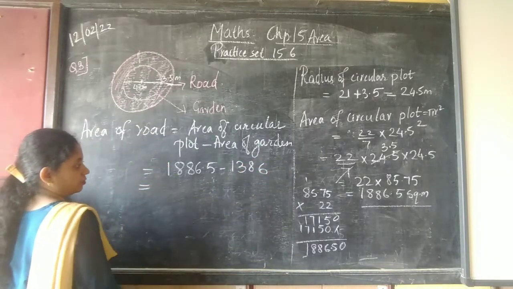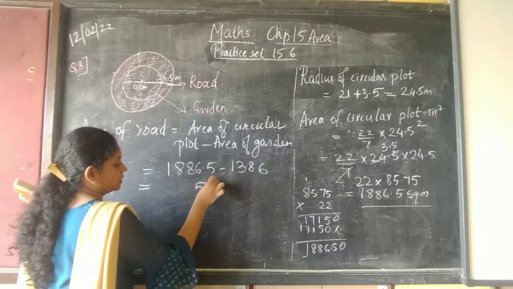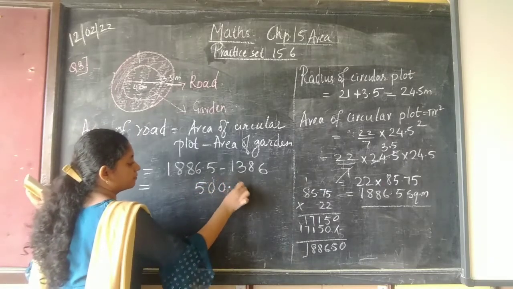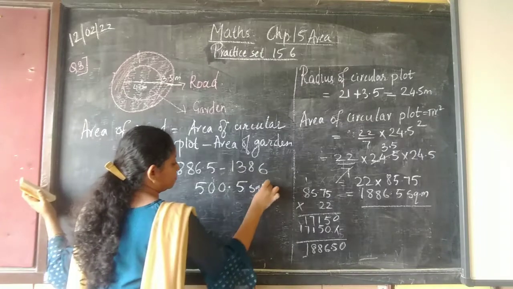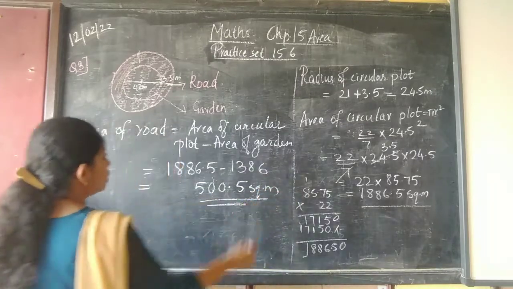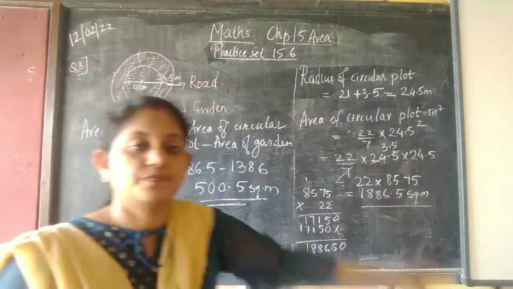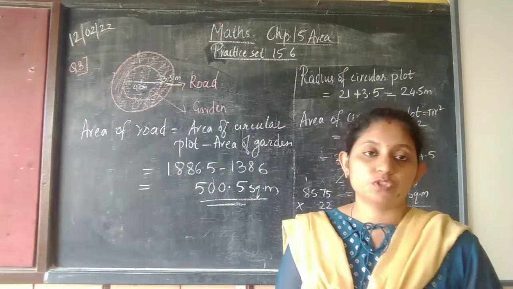When you subtract, how much you get? 500.5 square meter. This will be the area occupied by the road. Okay. So this is how we are supposed to solve.